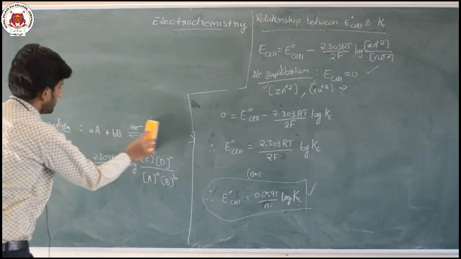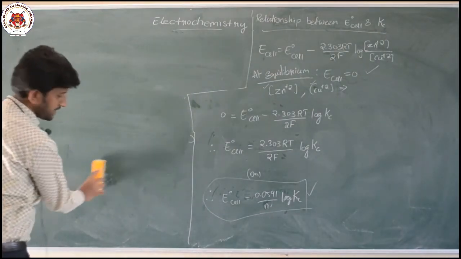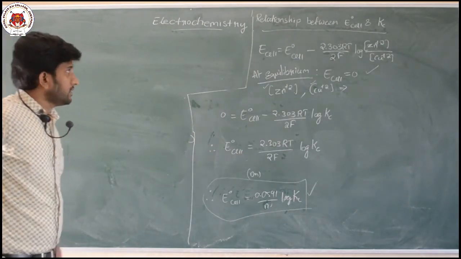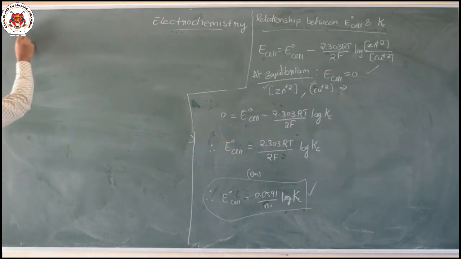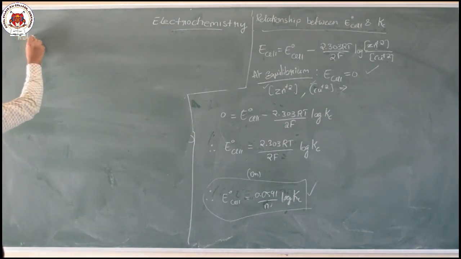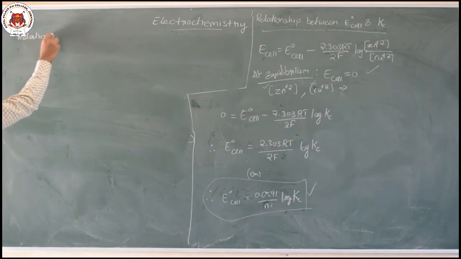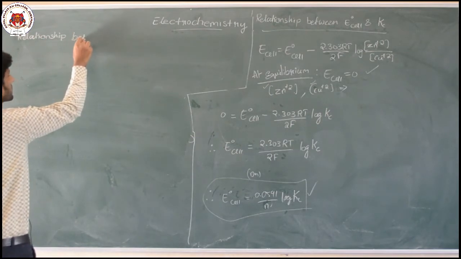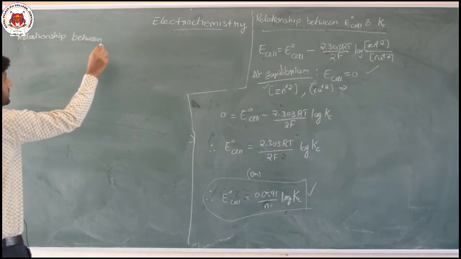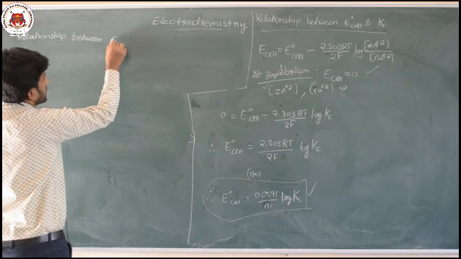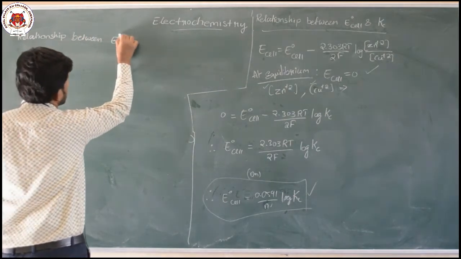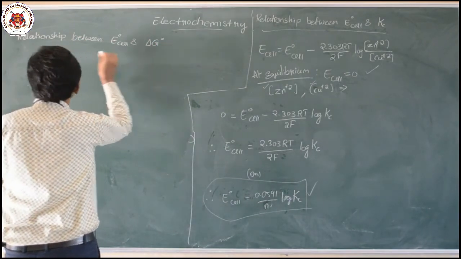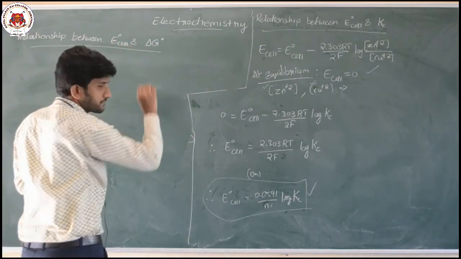Similarly, how we have derived the relationship between E naught cell and Kc, the same way we will also derive a relation between E naught cell and Gibbs free energy.